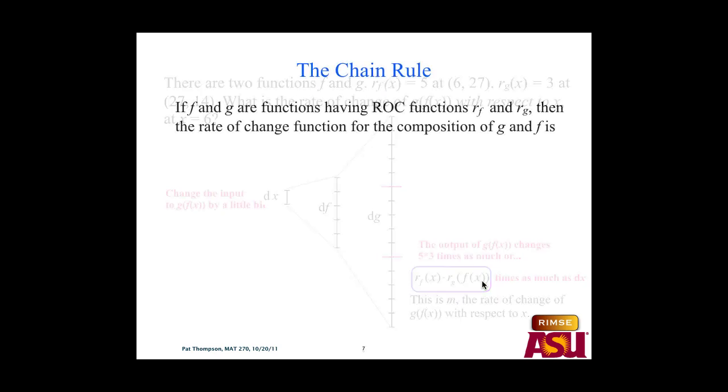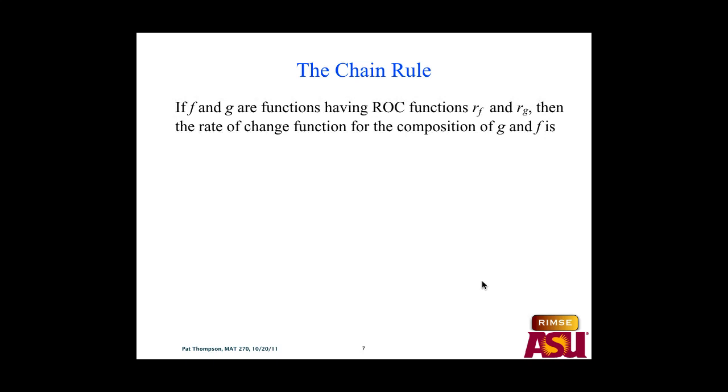So our rule, again: the rate of change of g of f of x involves the rate of change of function f with respect to x, that inner function, its derivative just the normal way, times the rate of change of the outer function with the inner function left intact or substituted in, however you want to think of it, in place of what would have been the independent variable if they weren't composed.